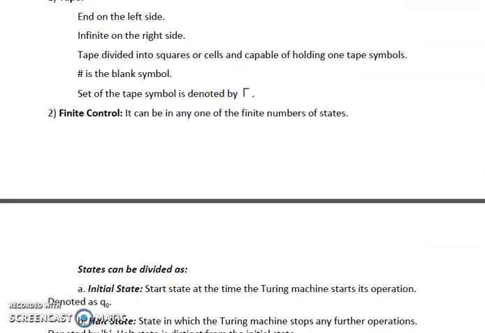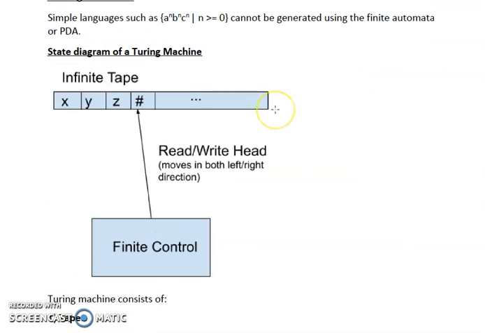So we can see over here in the diagram that we had discussed in our previous video, from the finite control we get the state and from the infinite tape we get the input symbol. So depending upon the state and the input symbol, the next state is defined. That means we can determine what will be the next state in our finite control.